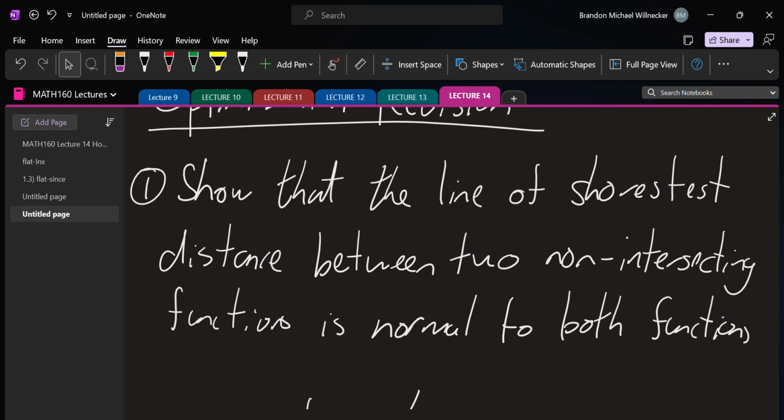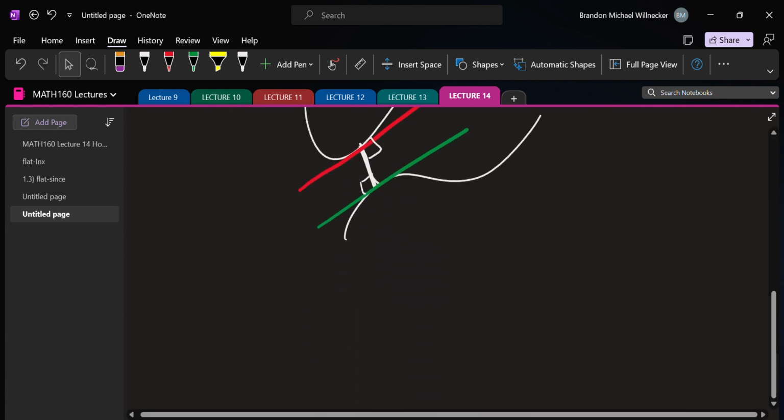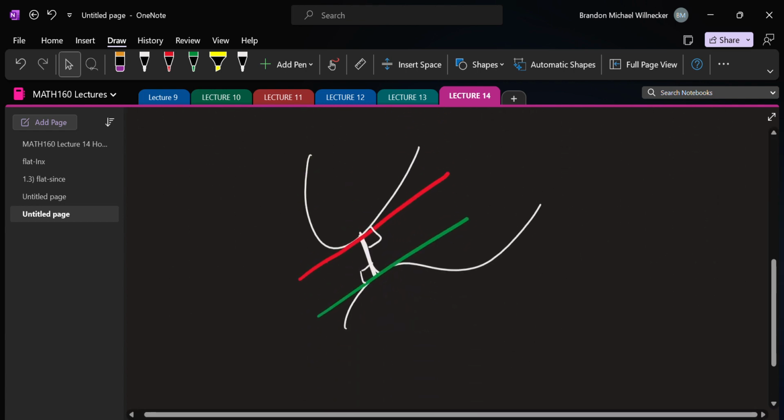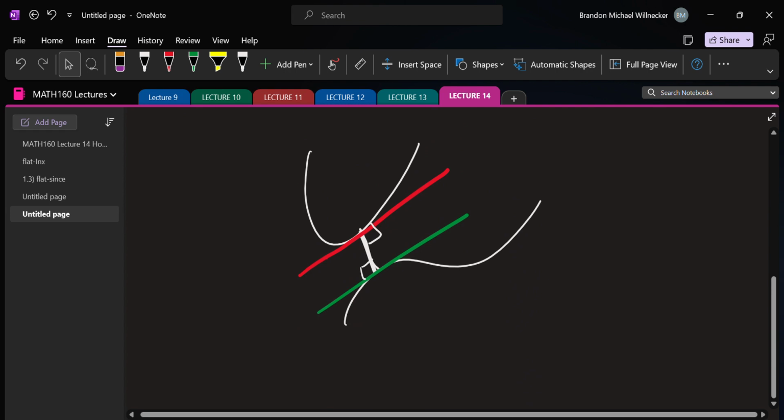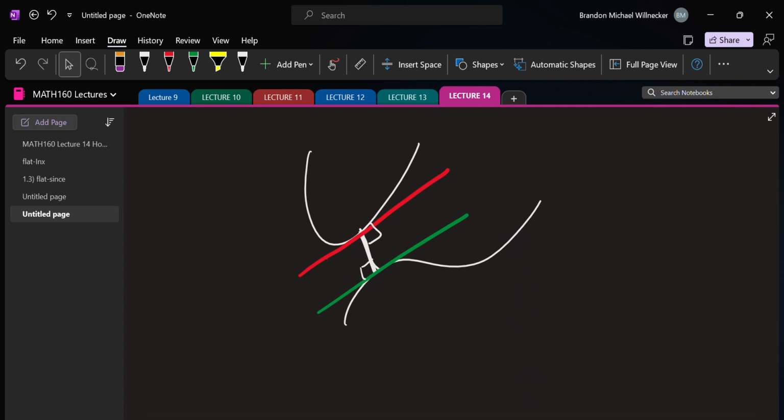Yeah. Okay. So if they're intersecting, the shortest distance is automatically 0. That's not interesting. So they must be non-intersecting, and we want to show that the shortest distance line is normal to both. Okay. So let's start off with these two functions here. The first function, that point over there, let's call it x1, y1.